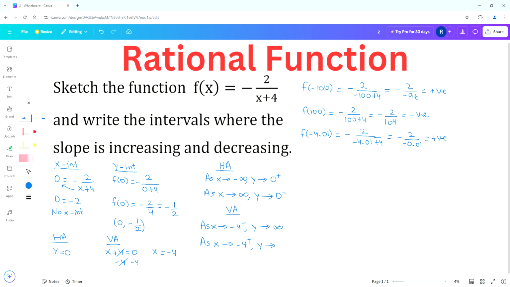Next, we can find the end behavior on the right side. We should use an x value very close to -4, but on its right side, we can use x equals -3.99.